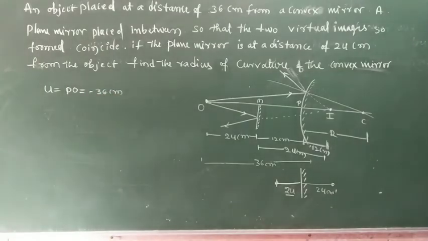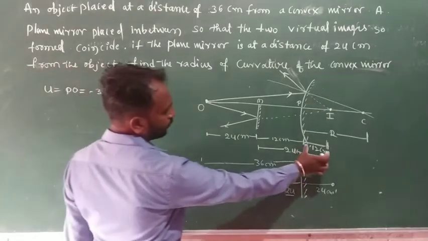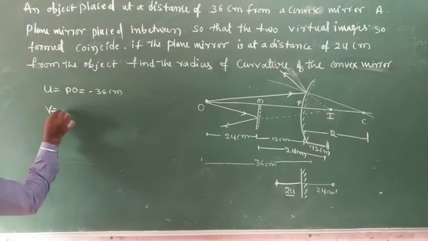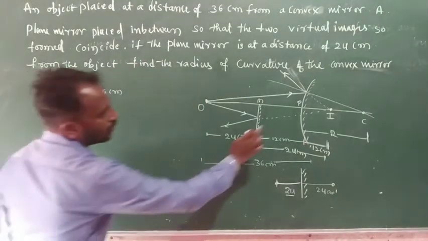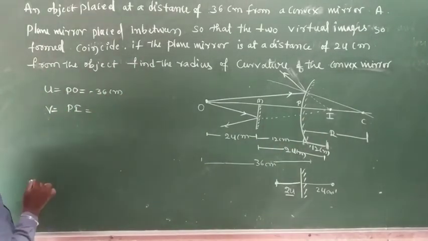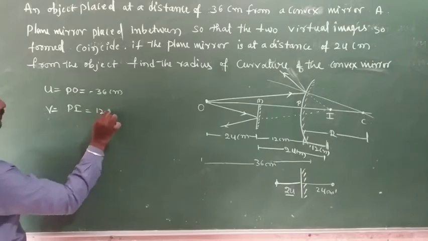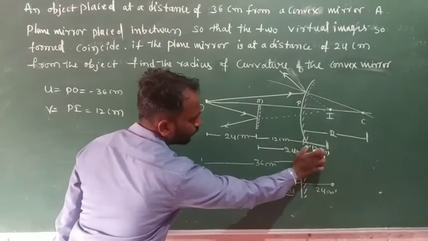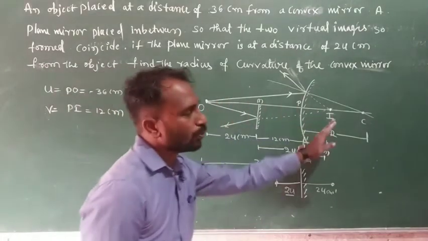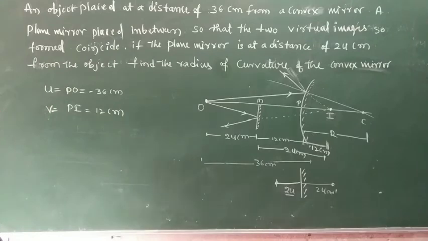Next, the image distance v is 12 centimeter, and it is positive, because the virtual image forms beyond the mirror.